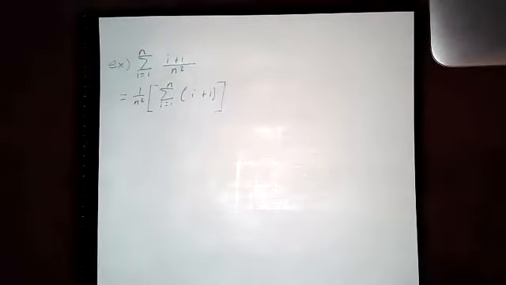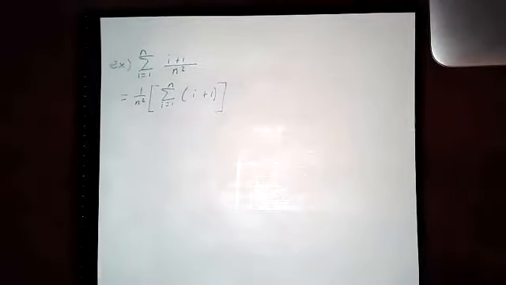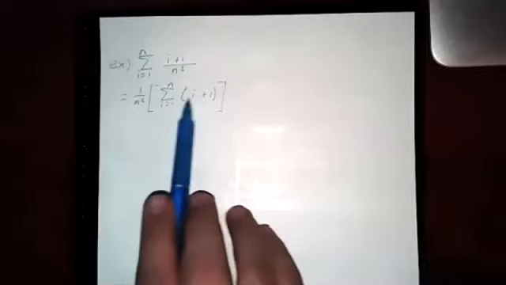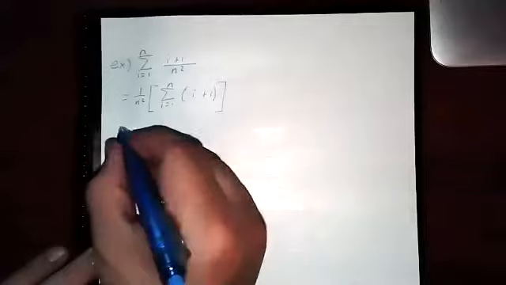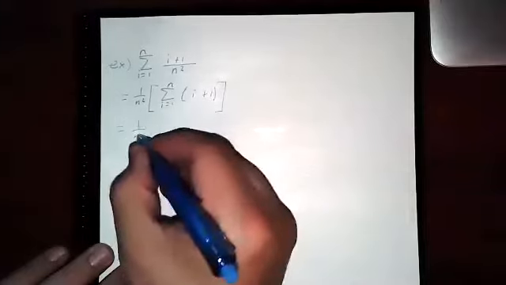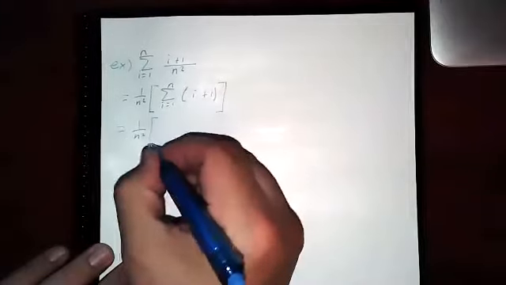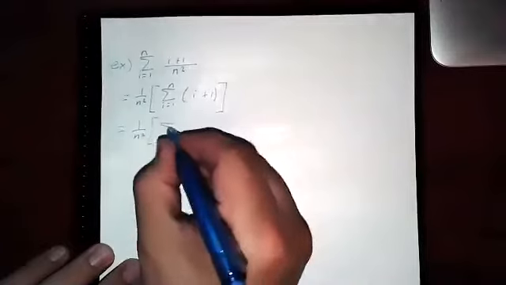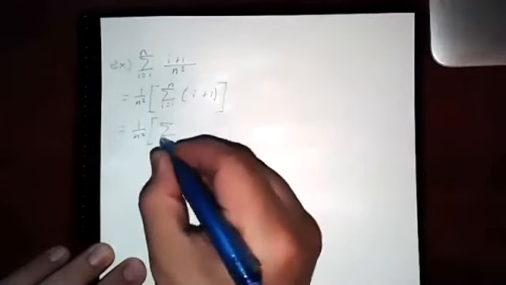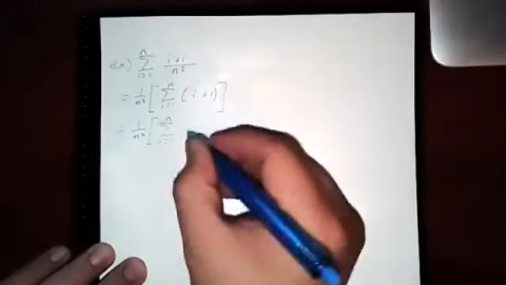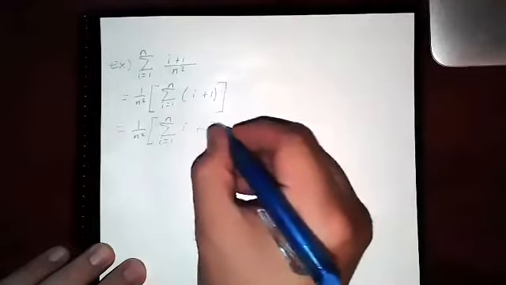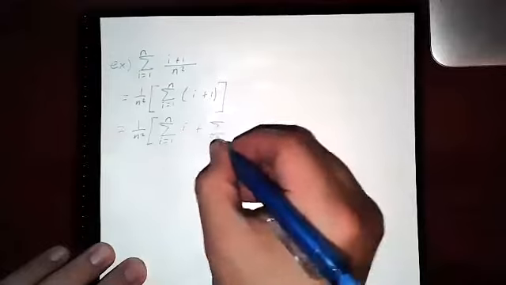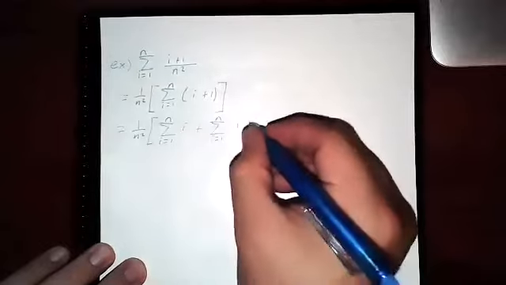Now, we know we can separate these into two different sums. So I can do the sum of i plus the sum of the 1.